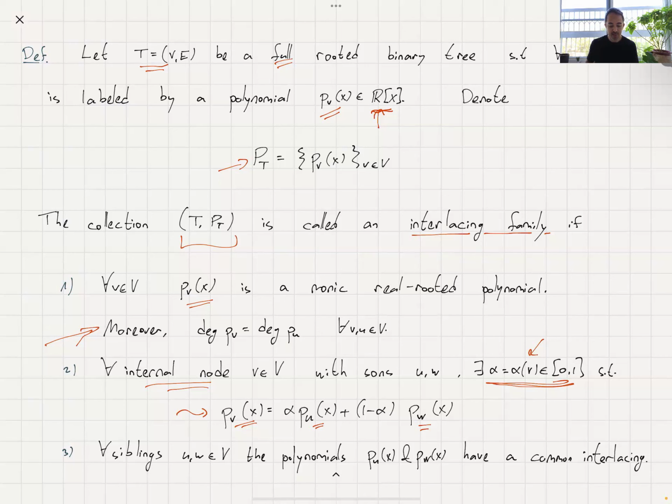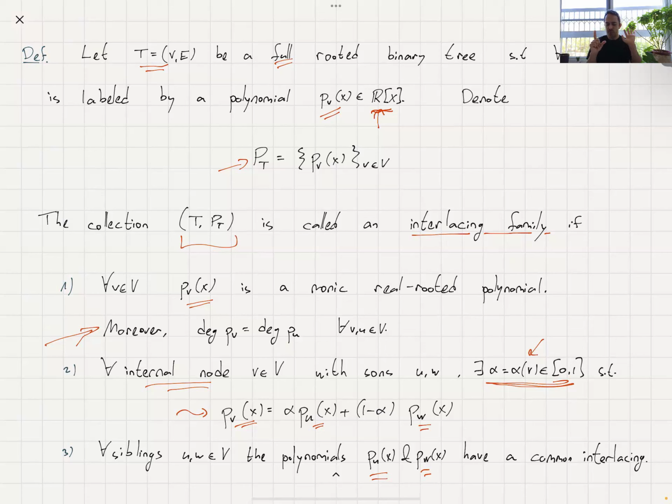And the third thing will enable us to talk about the max root and so forth. Any two siblings, namely U and W, which have a common immediate parent, their two polynomials should have a common interlacing. So PU and PW, from property 2, you want PV to lie in between them, and in property 3, what we want is that these two polynomials have a common interlacing.